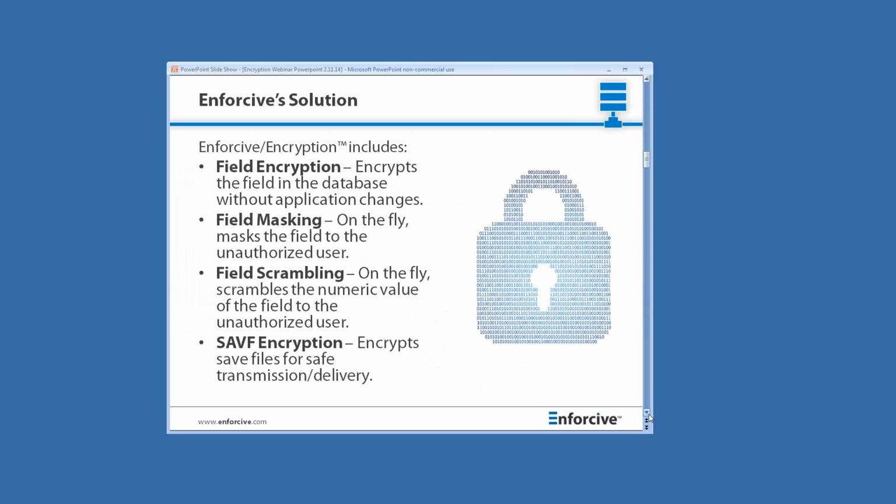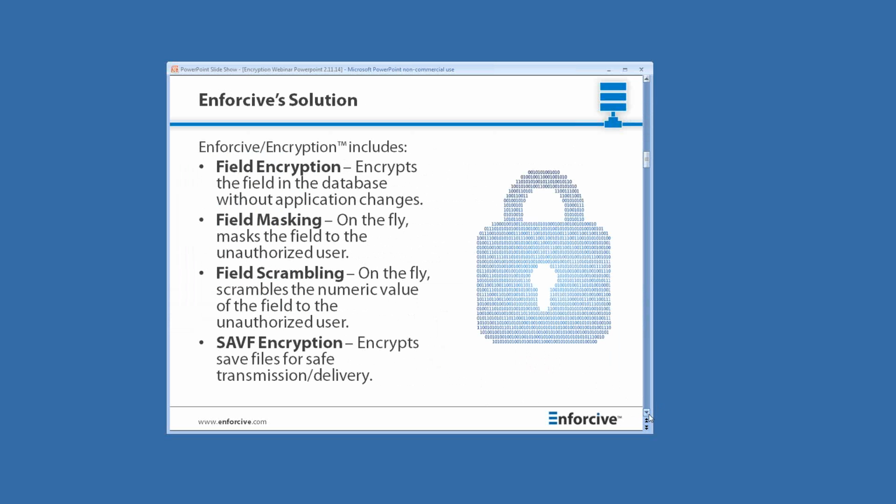So you have certain people in your organization, and you have an application, maybe a package, that you can't change, but there are certain fields on those screens that you don't want a certain group of people to see, or maybe only see a portion of the value. So that would be masking. We're able to do that.